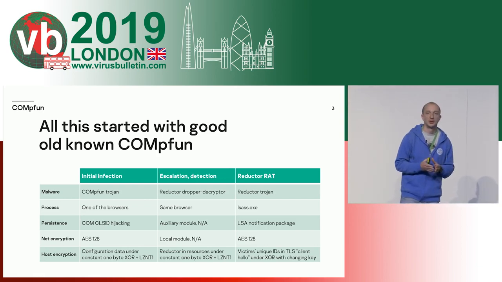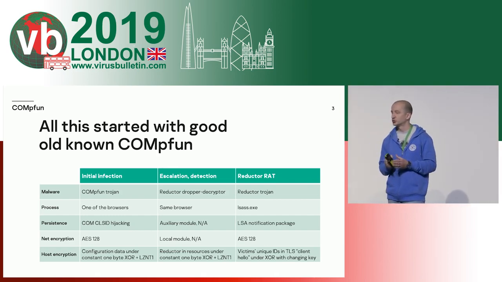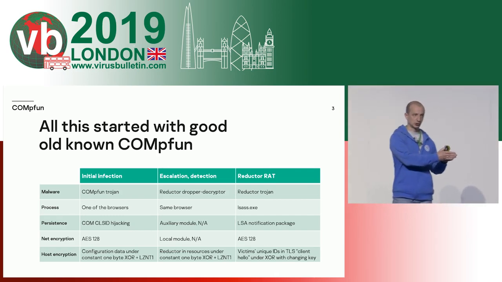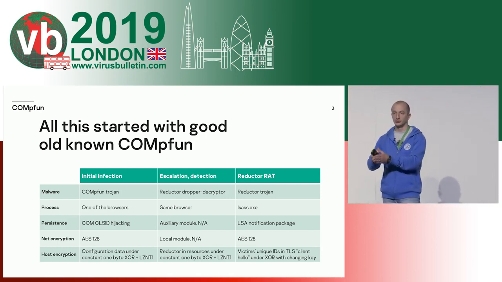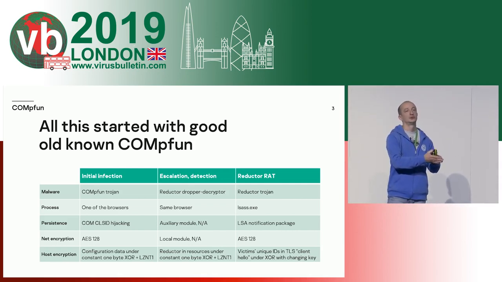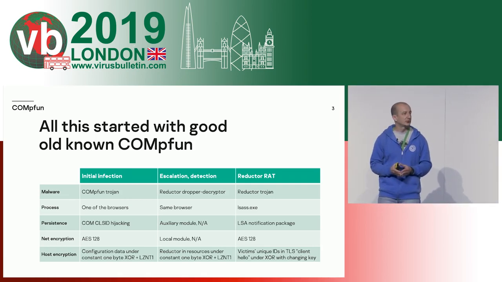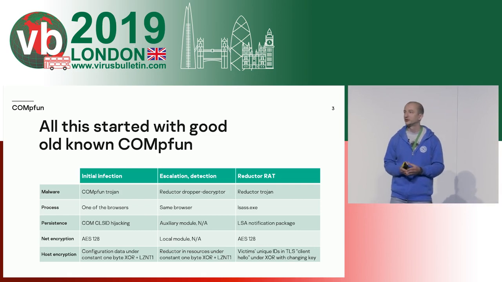We are quite sure of it. And everybody in every presentation wants to know something about attribution. Let's put it this way: we are sure the Reductor authors are the same authors as COMpfun, and COMpfun several years ago we attributed with medium confidence to Turla because of victim similarity. This is it, and we started to analyze this new malware written by the same authors.